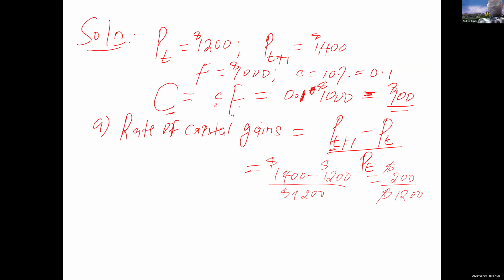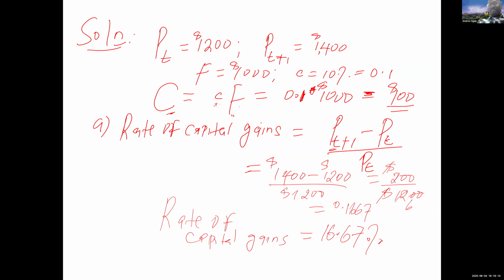So the dollar sign cancels. So you get 1 over 6. Okay. So 1 over 6 is going to be what in percentage? 1 divided by 6. That is 0.1667. So your rate of capital gains in percentage is going to be 0.1667, the same thing as 16.67%. That's your rate of capital gain on this investment.